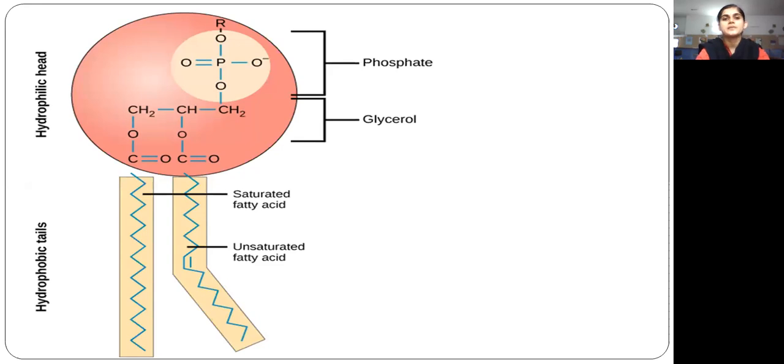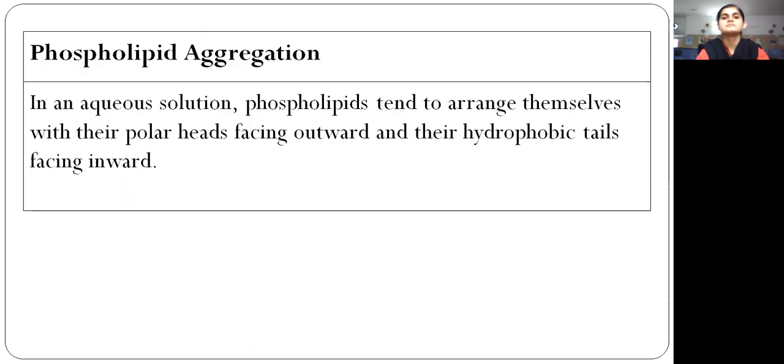Two types of phospholipids are present, glycerophospholipid and sphingophospholipid. The backbone of glycerophospholipid is glycerol, and of sphingophospholipid is sphingosine, and the phosphate group is attached to them. Saturation and unsaturation depend on the bonding: double bonds are present in the unsaturated part and single bonds in the saturated part.